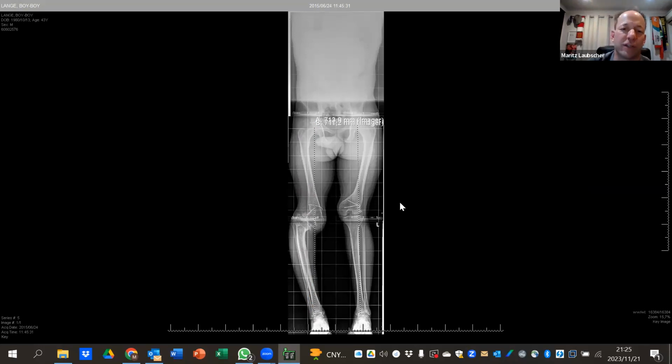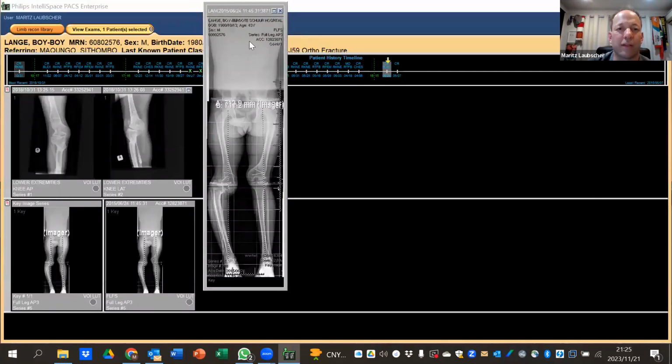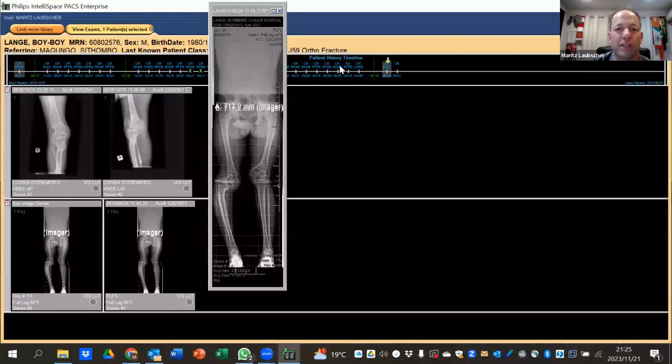Now, another thing to consider in a case like this, if you do a gradual correction, while you treat the femur, his leg is basically going to point almost horizontal to one side. So a consideration would be to do both at the same time, which adds a little bit of complexity.